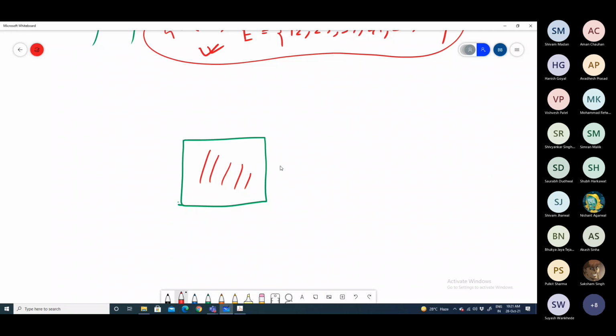You have just removed that part. Then you have 2 regions, right? One is this connected component, another one is the outside component. So here the number of faces is 2, right? Okay, sir. Got it.